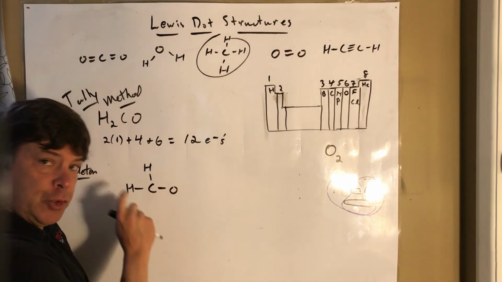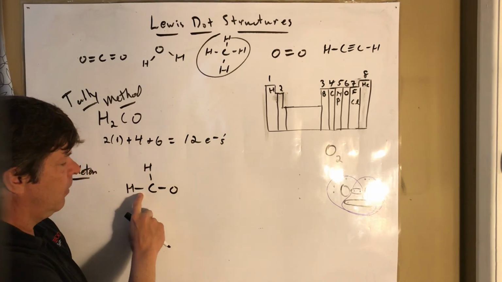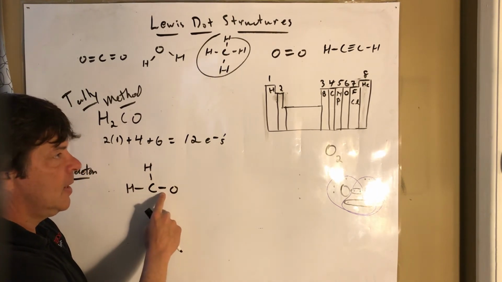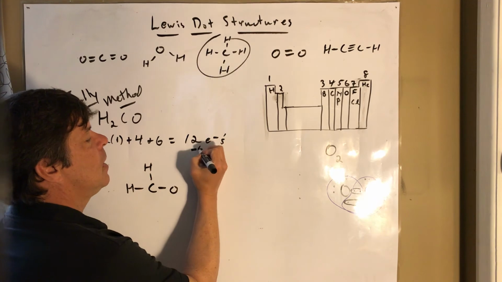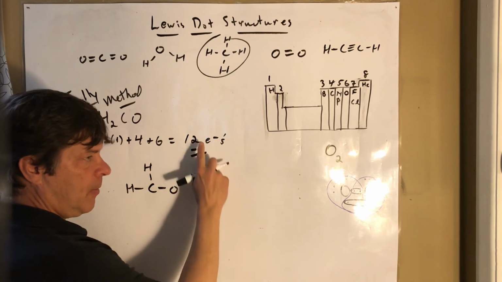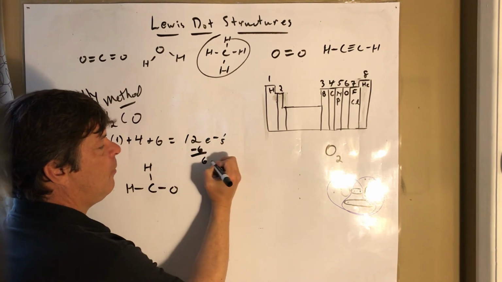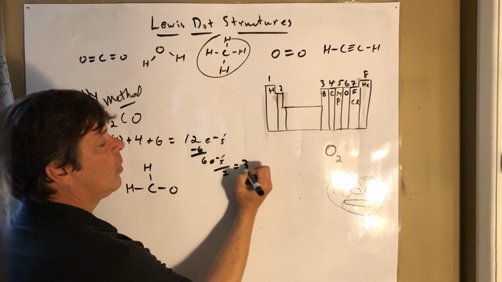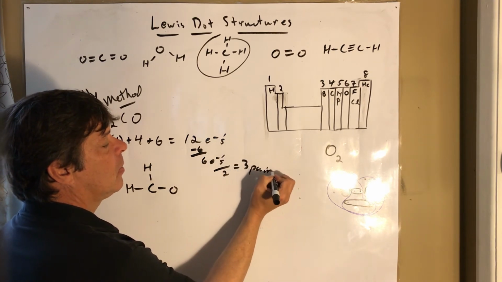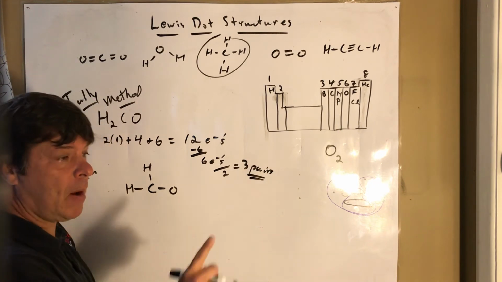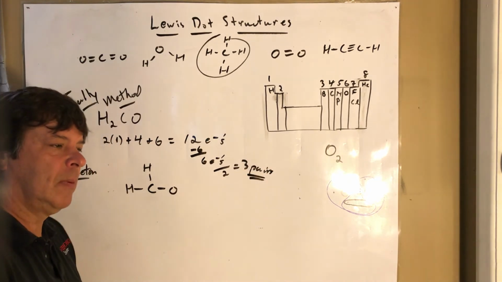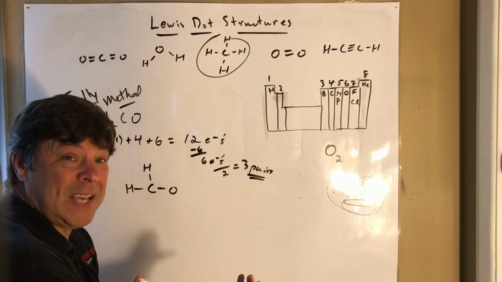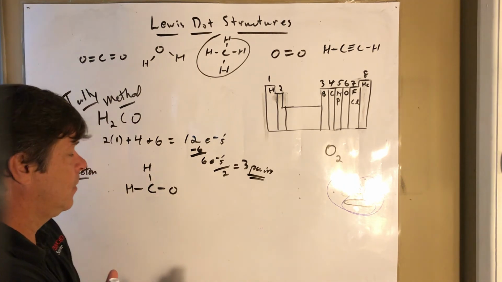So to draw the skeleton, we've used 1, 2, 3, 6 electrons. I'm going to subtract that from the total number. So we're left with 6 electrons, or divide by 2, 3 pairs. So we have 3 pairs left to make sure the octet rule is satisfied.